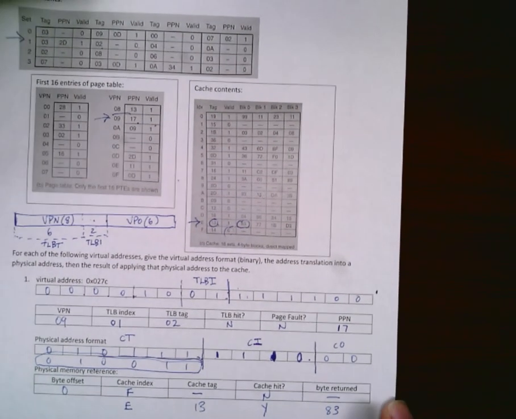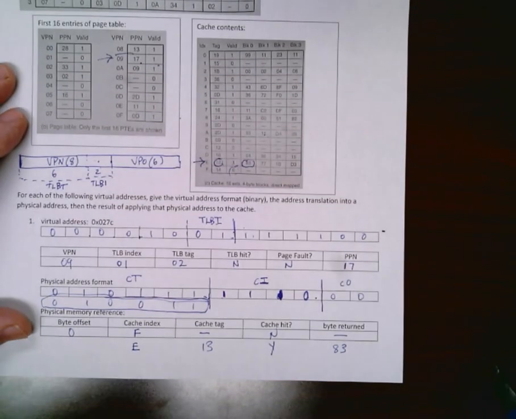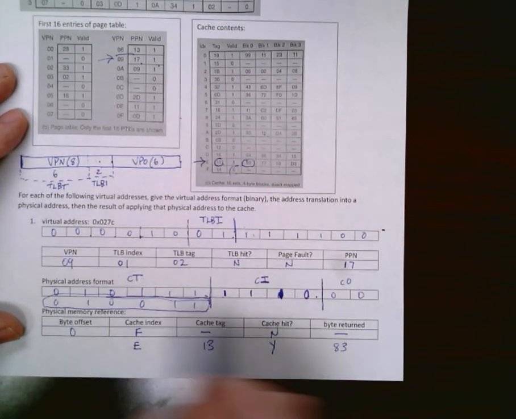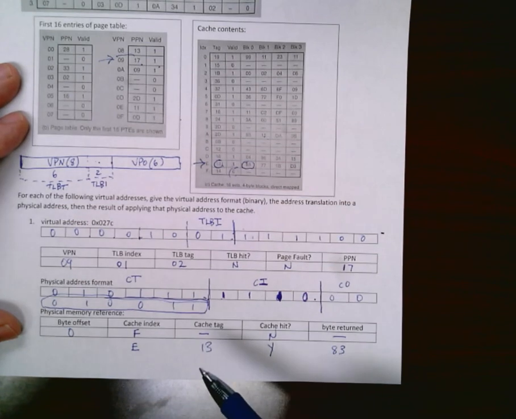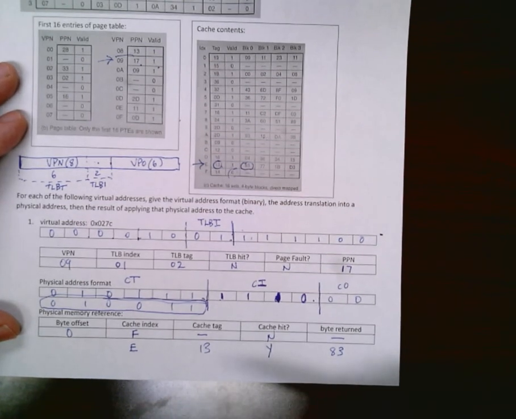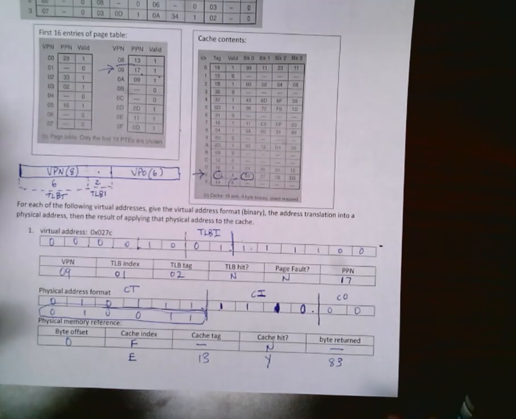Okay, sorry, that's way at the bottom of the page, but you can see. So I've modified the physical address simply to show what it would look like if it was a cache hit, but the process is all the same. Alright, so that's that problem.